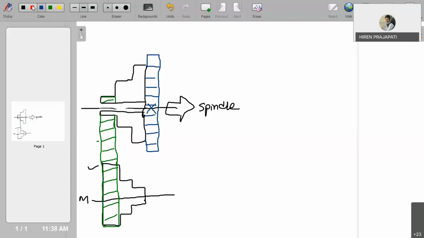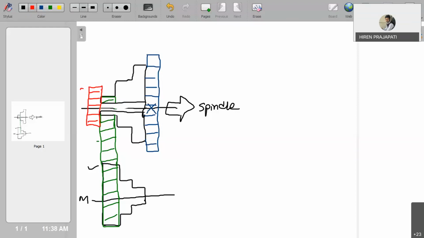But now we have another gear on spindle which is of small diameter. So this is one another gear, right?